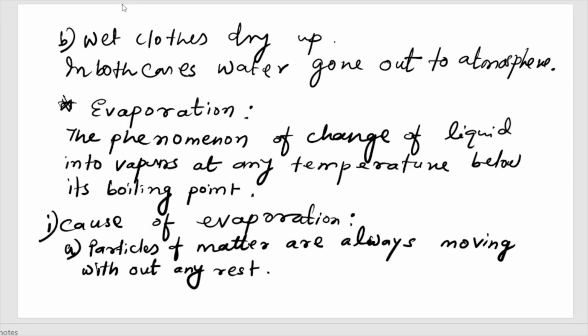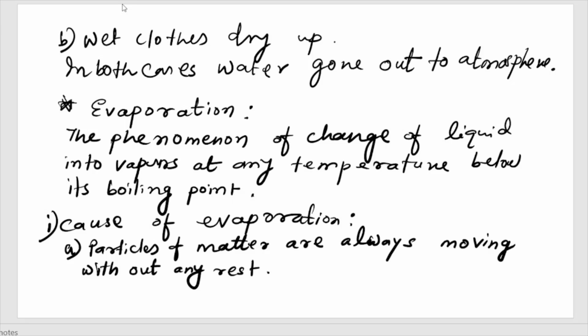What is the cause of evaporation? Evaporation is going on as a natural common phenomenon. Nobody tries to do any work for evaporation, but it is a continuous, natural process. The cause is that particles of matter are always moving. We know the particles of matter are always moving without any rest.